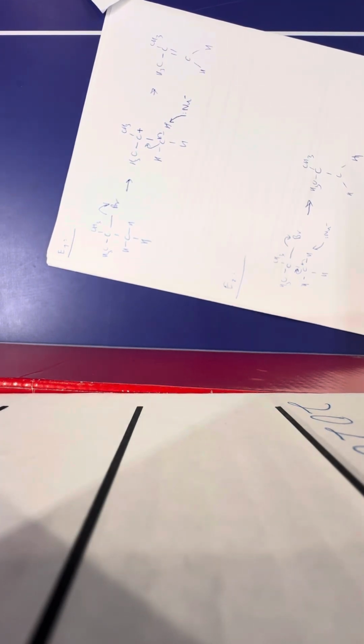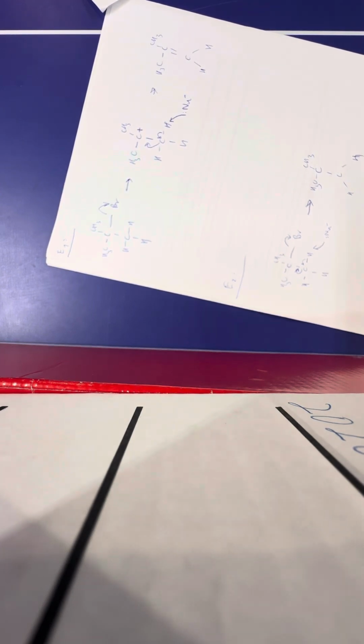So for SN2, your solvent needs to be non-polar. And for SN1, your solvent needs to be polar to polarize your leaving group further and make it easier to break the bond between the molecule and the leaving group. You want the surrounding to be polarizable. So SN1 will work better in polar solvents, and SN2 will work better in non-polar solvents.